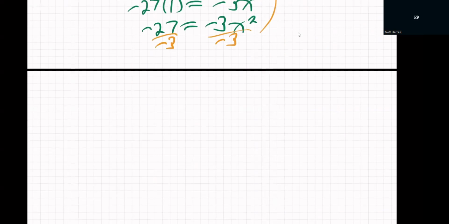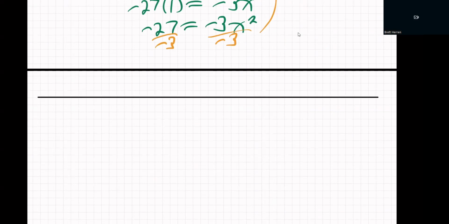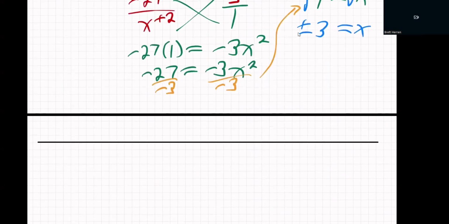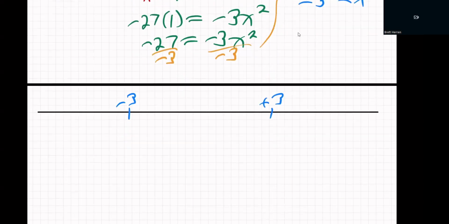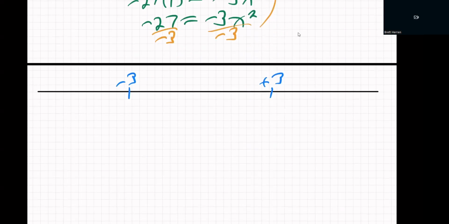So I'm going to go to a number line now, and I'm going to put my values on there. Here's negative 3, and here's positive 3. Negative comes before positive, as you knew. And then you just give yourself a section there.